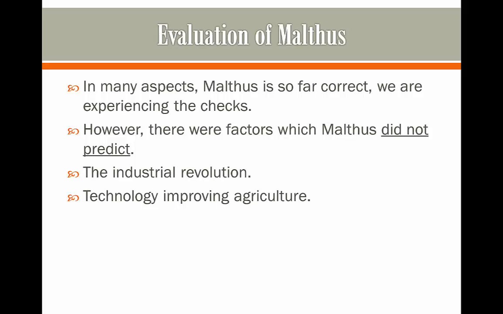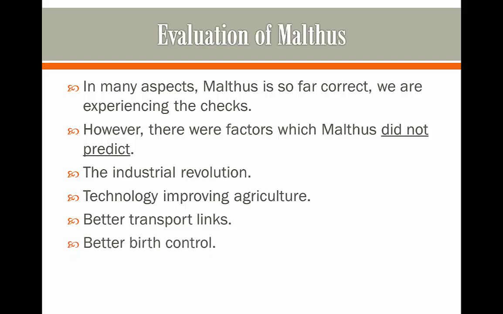Technology improving agriculture, so we can extract all the resources we need from the earth to feed a population. So there were a lot more resources which went unaccounted for, which Malthus never thought would have existed. Better transport links, which allow us to communicate with other people and commute and share out all the resources as well. And better birth control. As a result, the population isn't growing as fast as Malthus had predicted.